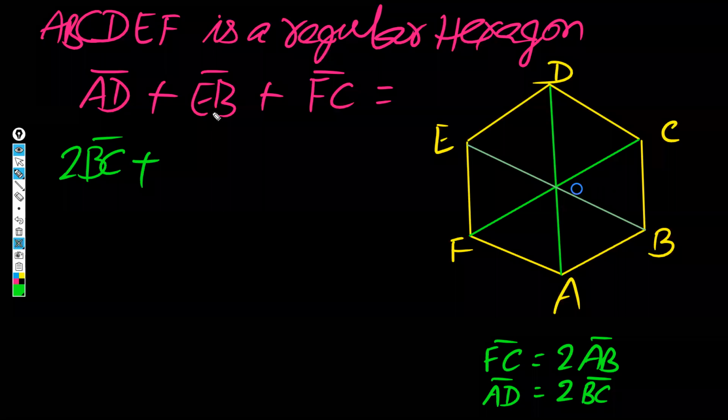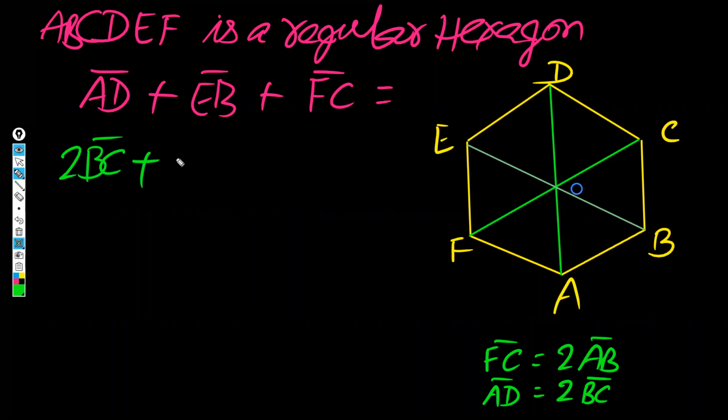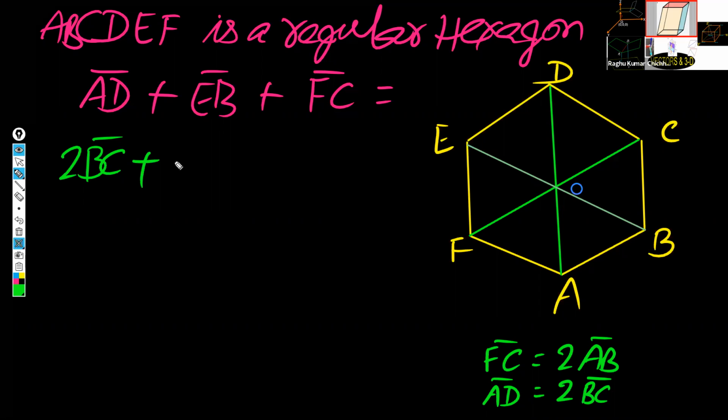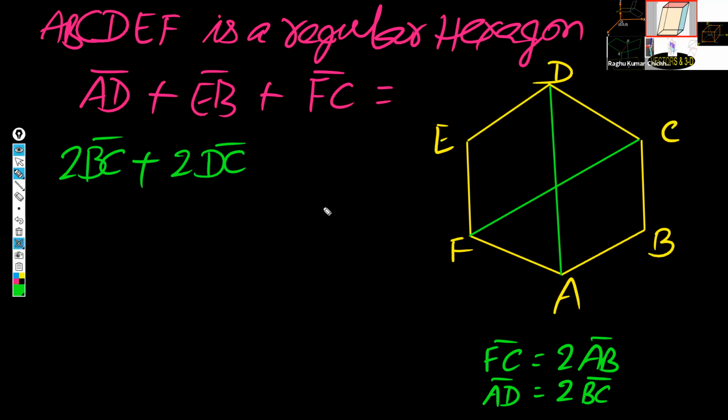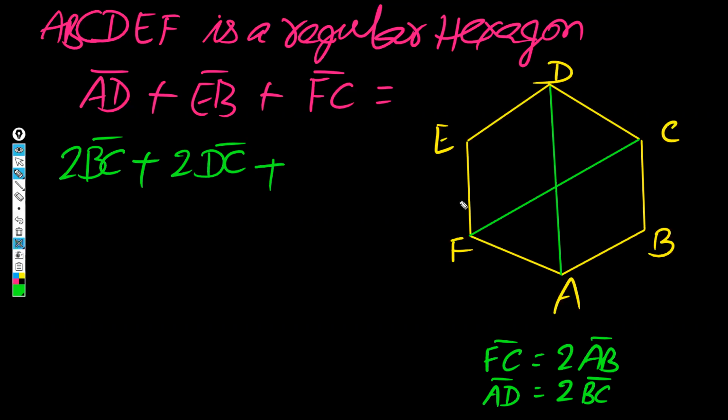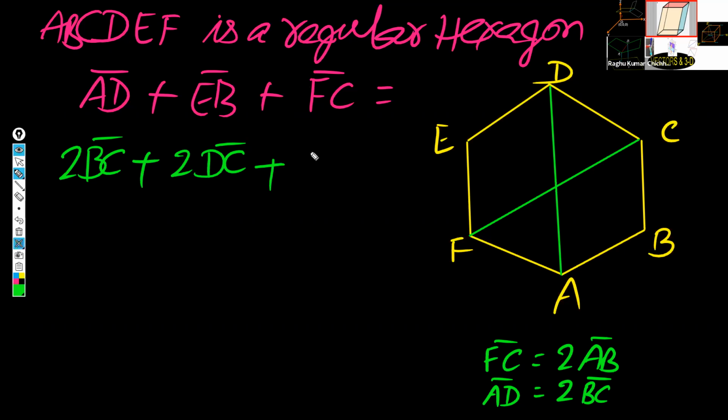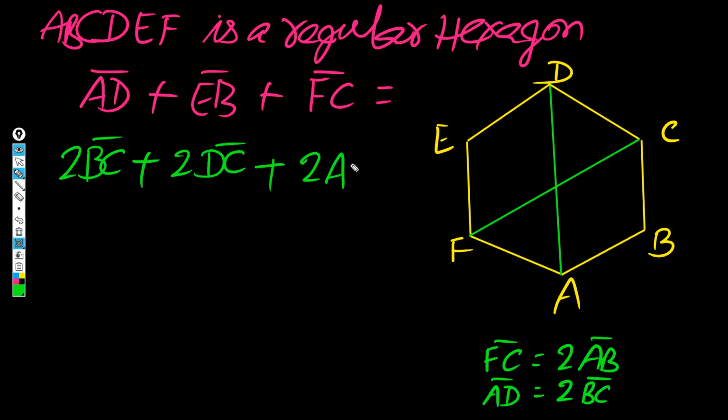Come on, you work out. One minute, sir, I'll tell you the answer. EB is twice DC. Next, FC is there. FC is double of? ED, sir. ED or AB? Both are same.